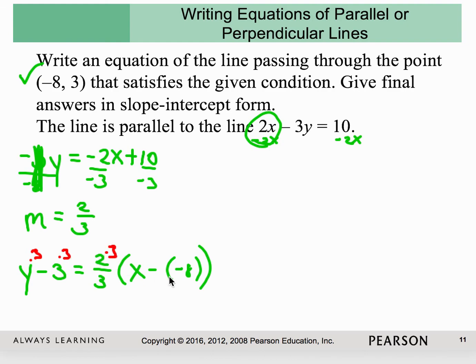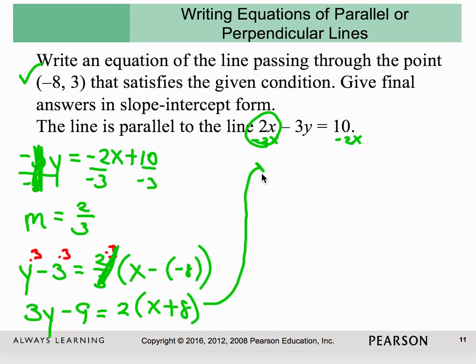And as we rewrite it, let's also get rid of those stupid double signs. So this would be 3y minus 9 equals 2 times x plus 8. Get rid of the parentheses. 3y minus 9 equals 2x plus 16.